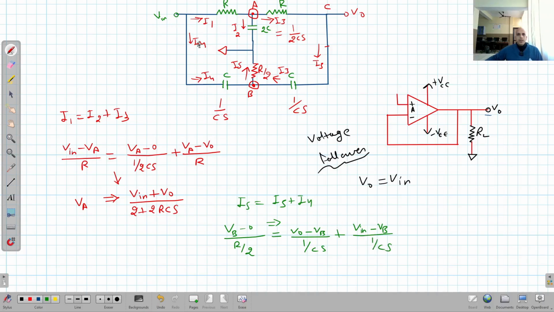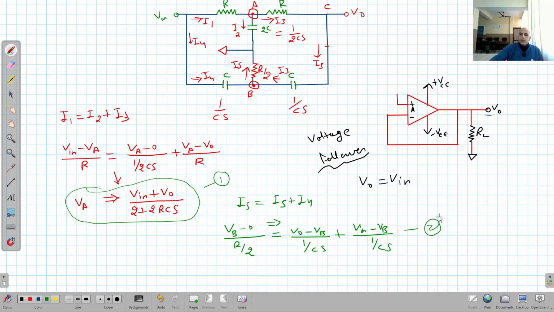I4 here, V in minus VV upon 1, right? So this was equation number 1, and this is equation number 2.